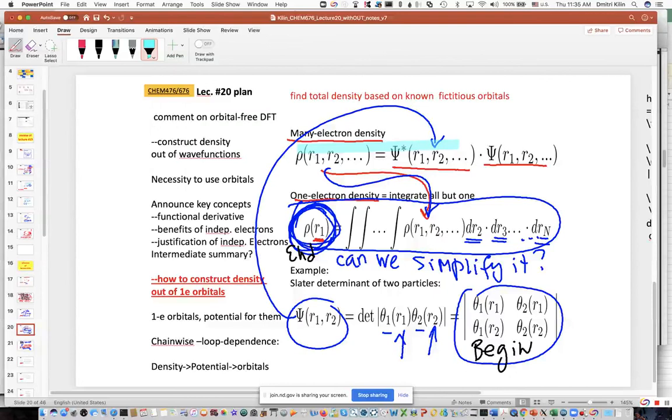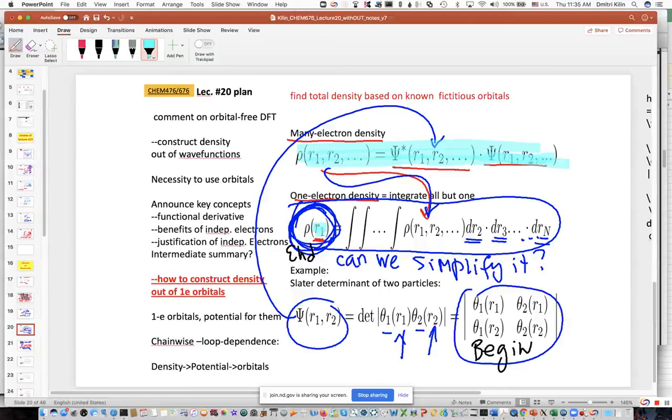The first line is the same thing: density as a function of many variables is a product of a wave function conjugated with the wave function itself. This is not what we need. We need dependence only on one variable. If we want dependence only on one coordinate in space, we need to do n minus 1 integrals, where n is the number of electrons.